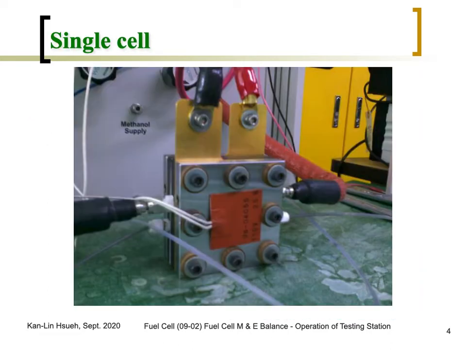And then for this single cell, you can see we use the big brass over here to make the contact, because we try to reduce the contact resistance to a minimum, and the cable used is much thicker. Even though the output voltage is only 0.5 to 0.7 volt, it's very low voltage.